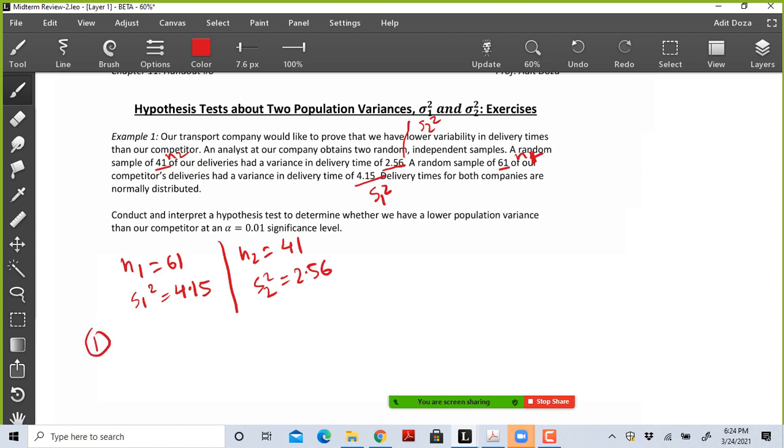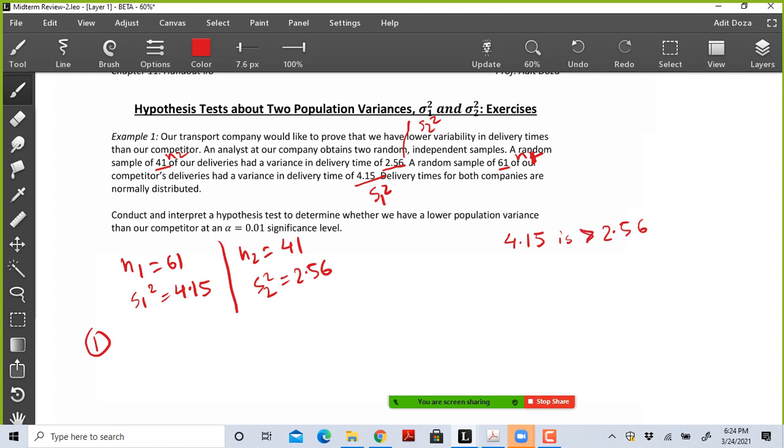Okay, so let's read the question. So they said, conduct and interpret a hypothesis test to determine whether we have a lower population variance than our competitor. Okay, so lower than our competitor. So here 4.15 is greater than 2.56, right?